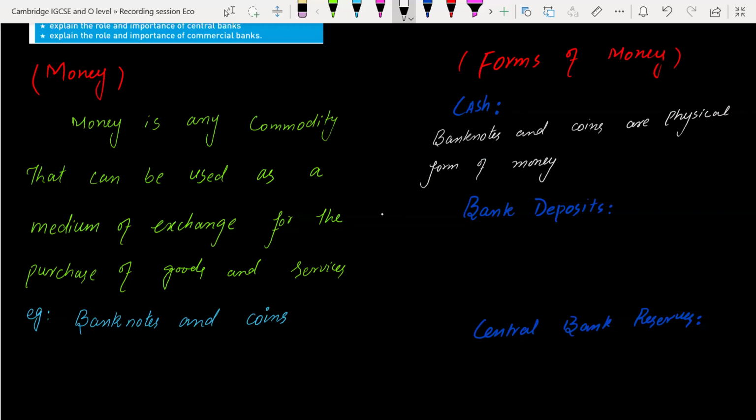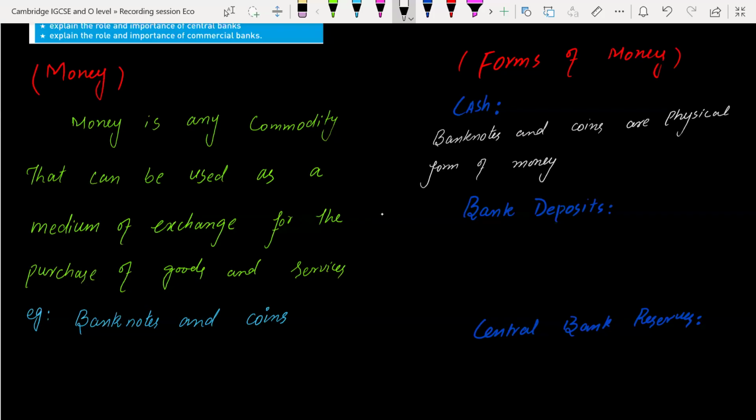While cash is convenient for many transactions, it is inconvenient and risky to use cash for large transactions. So, to say, the money can be in the form of cash. Cash means not only banknotes but also coins. If you see banknotes and coins, you can say, oh, this is the physical form of money.